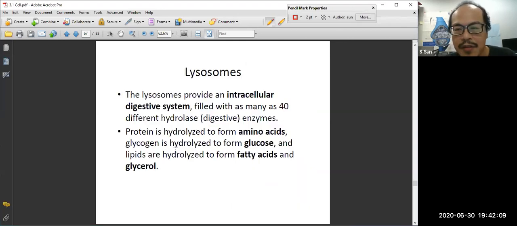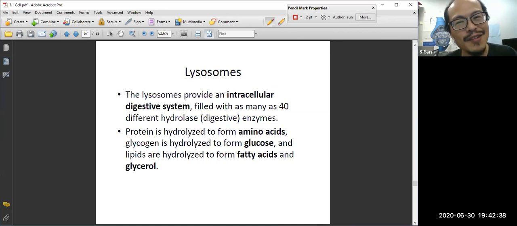So let's talk about this lysosome. Lysosome is an important digestive organelle in the cell. Its function is to break down, to conduct this catabolic process to break apart large molecules into smaller molecules, break apart protein through hydrolysis.